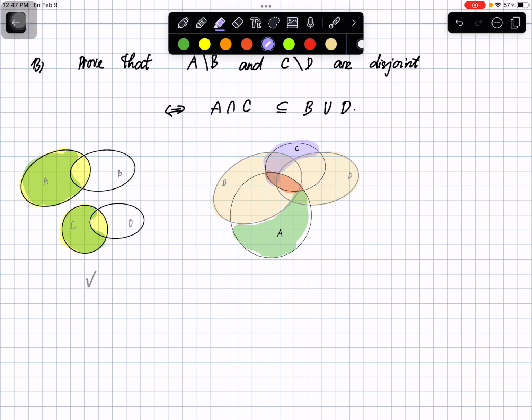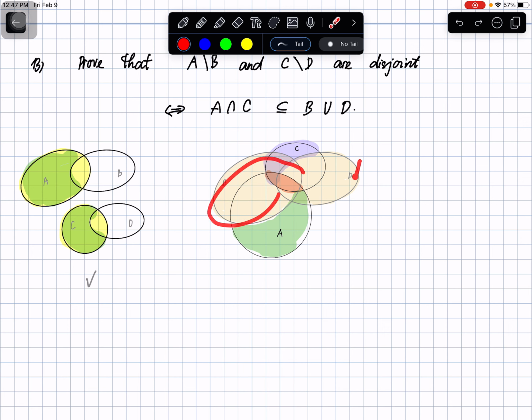Now A intersect C. In this case, I want to draw an example so that A intersect C is not the empty set. A intersect C is this red part. A intersect C is a subset of B union D.